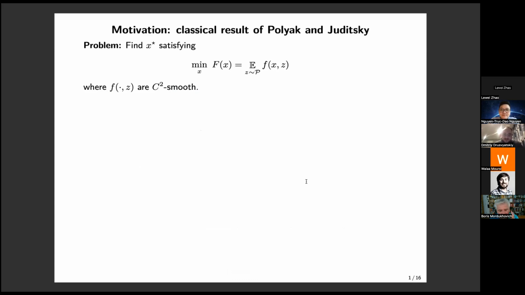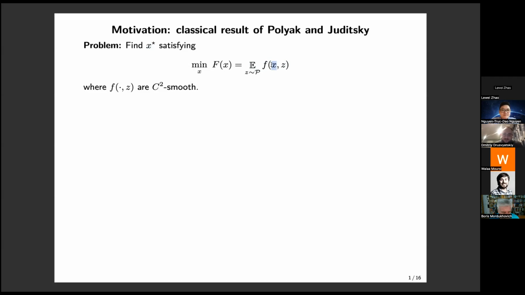So the motivation comes from a very basic problem, stochastic optimization. The basic problem is you would like to find a solution, which I'll always denote by x star here, to a minimization problem where you minimize an expectation of a function f.